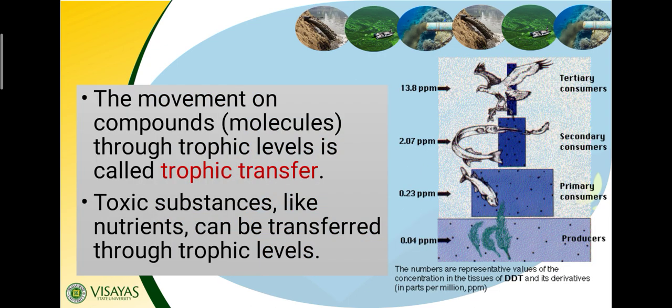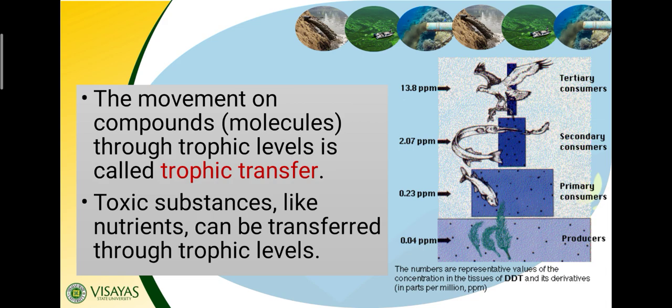Along with biomagnification, as mentioned in the previous slide, toxic substances are also transferred towards the higher trophic levels, and this is called trophic transfer. For example, in the picture shown, DDT or dichlorodiphenyl trichloroethane is a type of insecticide which is used to control mosquitoes.